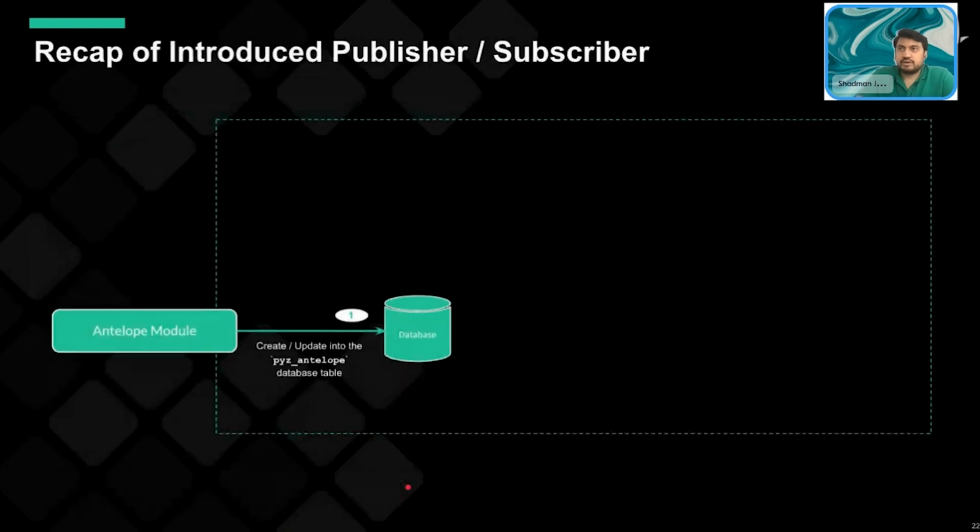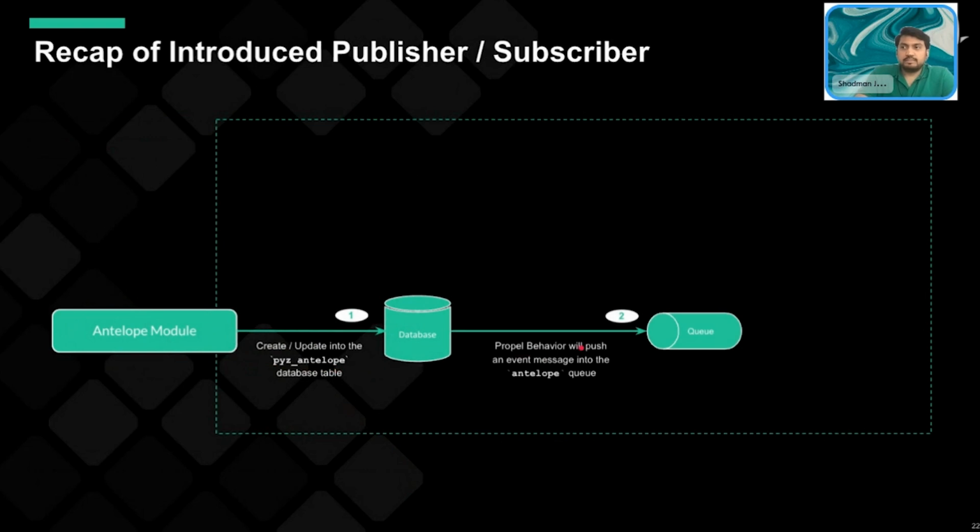Okay, let's recap what we have done. We had a module, Antelope, and we made some changes, create or maybe update, in the database table. The Propel behavior will get triggered, and an event message will be pushed into the queue.